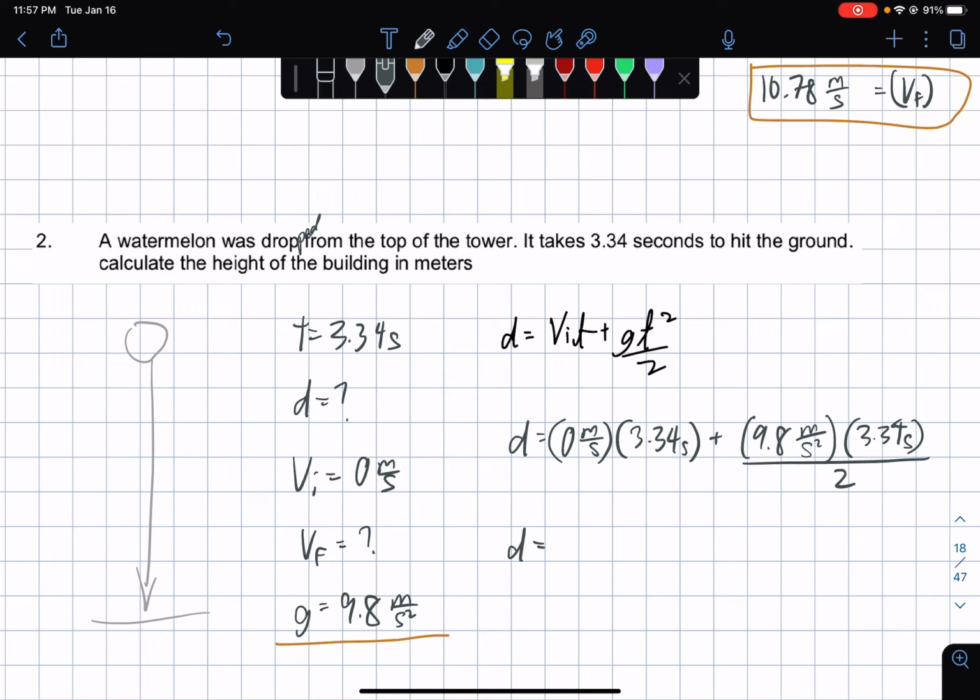In the meantime, 9.8 times 3.34 is equal to 32.732, divided by 2. The answer is 16.366. The distance of the building is approximately 16.37 meters.